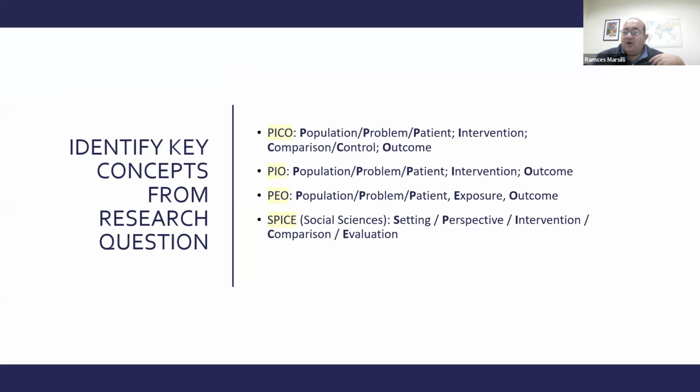Sometimes we have PIO or PO, just population, intervention, and outcome when there's no control. For the social sciences, things are obviously going to change a little bit. So we have, for example, setting, perspective, intervention, comparison, and evaluation. So it's good to know, when you look at your research question, which one it breaks into.